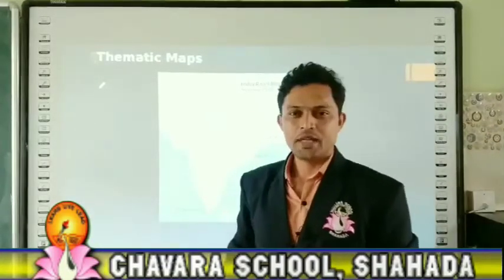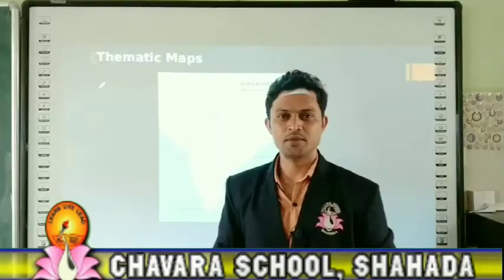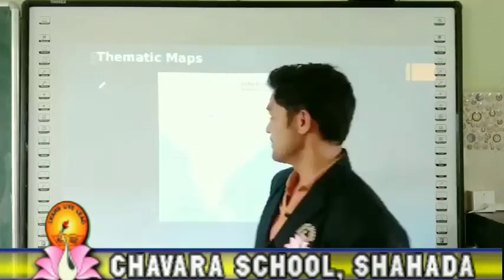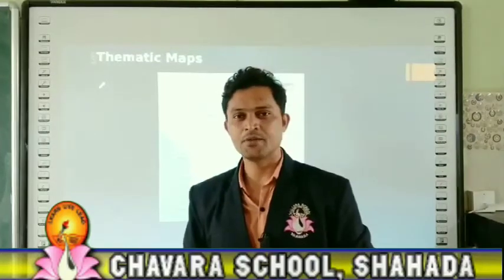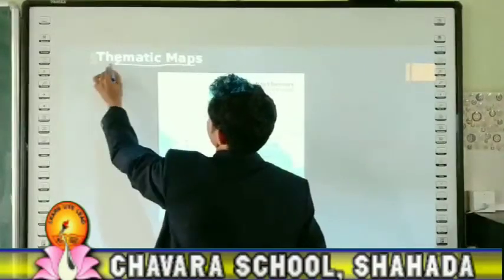You know there are different types of maps you have learnt in your lower classes, and we have also discussed them in our Zoom session meeting. There are different types of maps like political maps, administrative maps, physical maps, and this one is a thematic map.